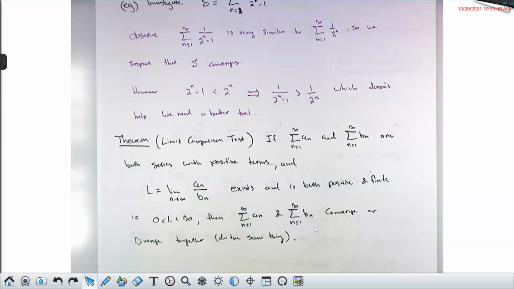It tells you whether two series do the same thing or not. So after running this test, you still need to tell me what the second series does. And then you can deduce that your series does the same thing. This is a place where people make a lot of mistakes. So please pay careful attention.